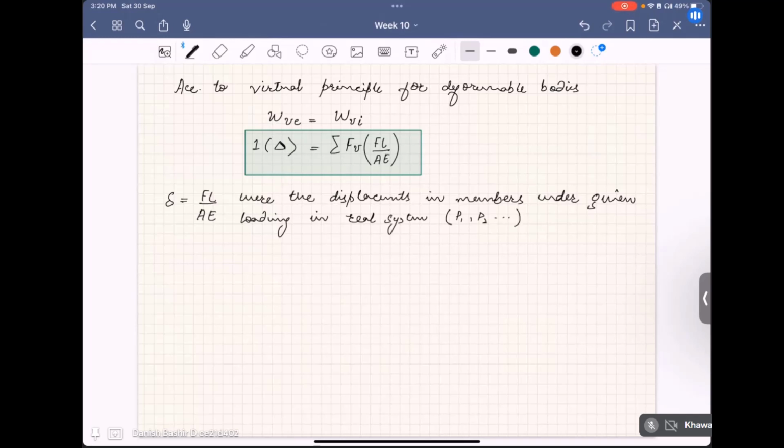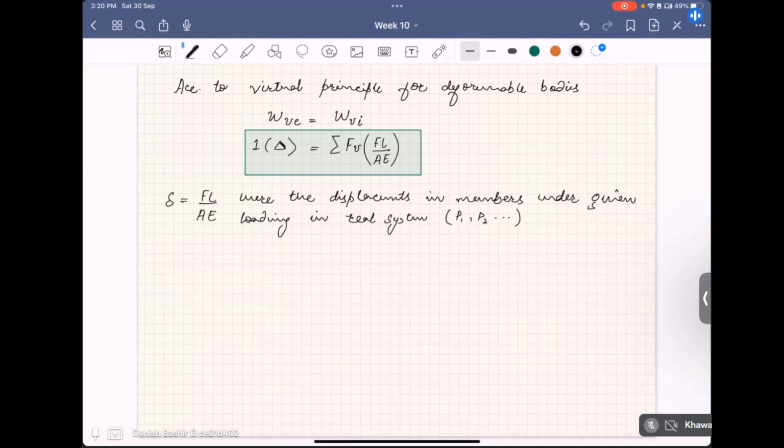our structure. But what if sometimes this is not because of the external load, the deflections will be caused in our truss member. For example, there is a temperature change in our truss structure, or there is the fabrication error. Some of the members, while joining the truss members, are either too long, or too short.